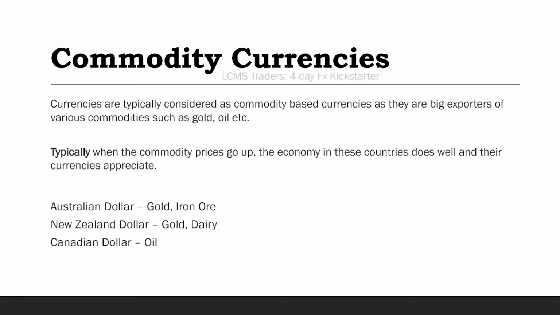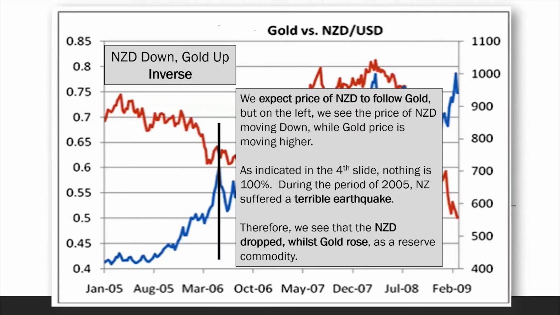What this means is, with this example that I'll be showing you, the New Zealand dollar and gold, you would expect them to move together in the same direction. But in this example, in 05 to 06, we have seen that the New Zealand dollar go down while gold is going up.